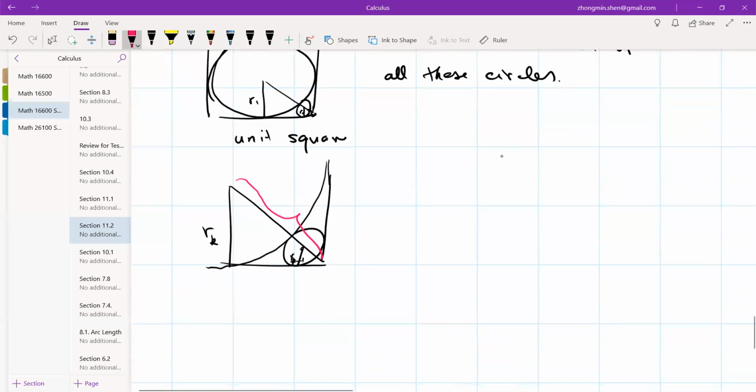You can see that this side is going to be square root 2 R_k, right?